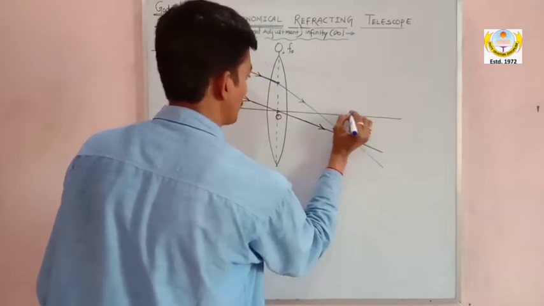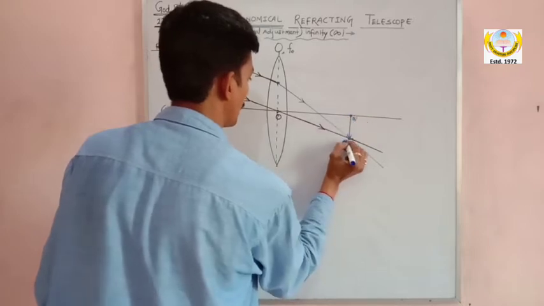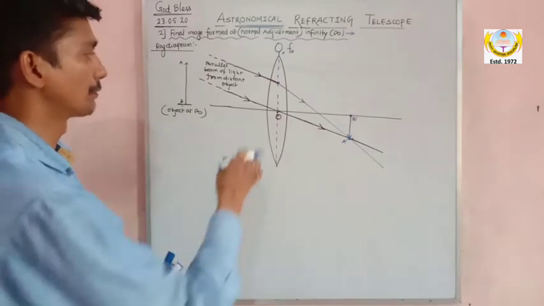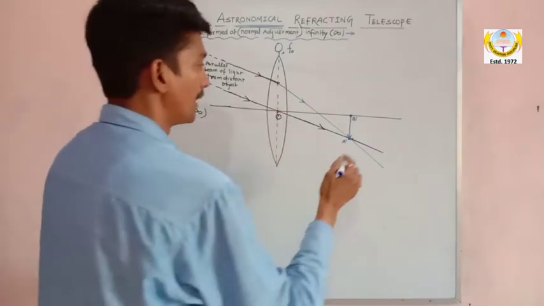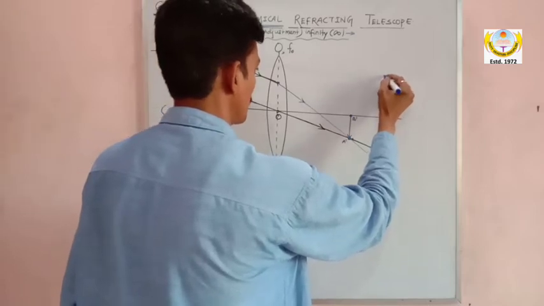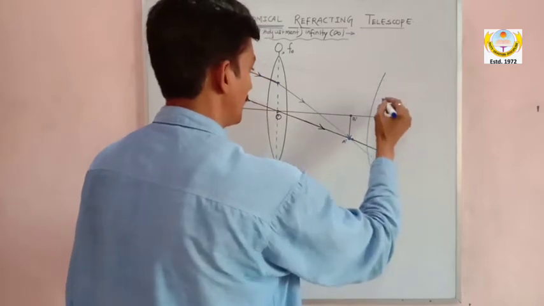Let the name of this image be B dash A dash, you all know. This is the image which is formed by the objective lens. And here I will keep the eyepiece.